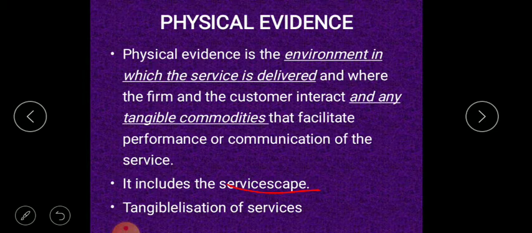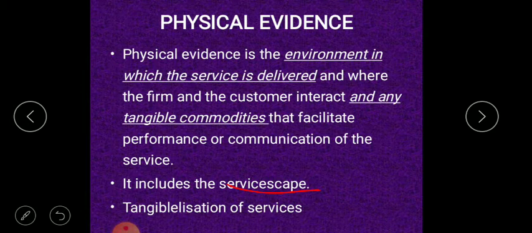For example, if you go to a dhaba, looking at the arrangement there, the physical evidence in the dhaba, you will expect a certain kind of service. Just opposite to that, there is one more dhaba. Looking at that physical appearance itself, you will expect a certain type of quality of service that you are going to be delivered.